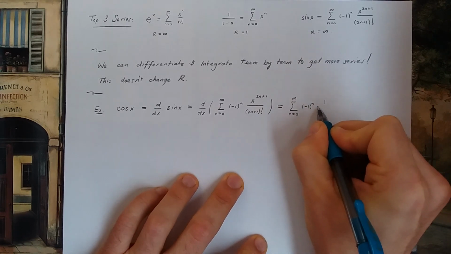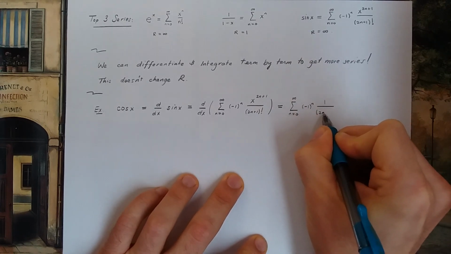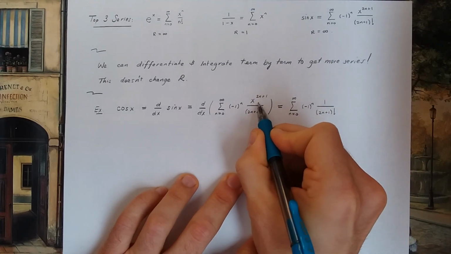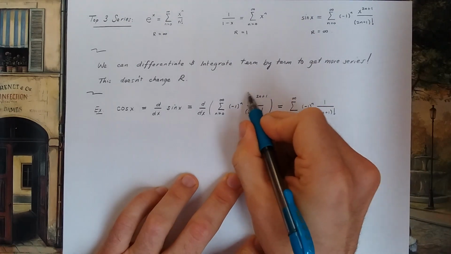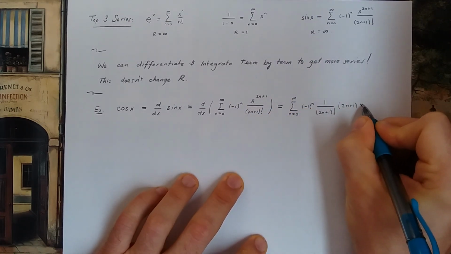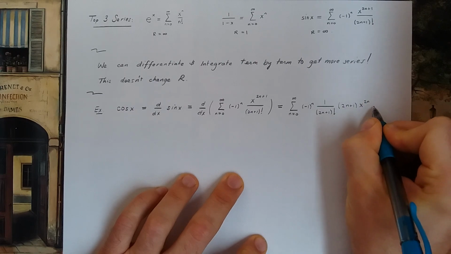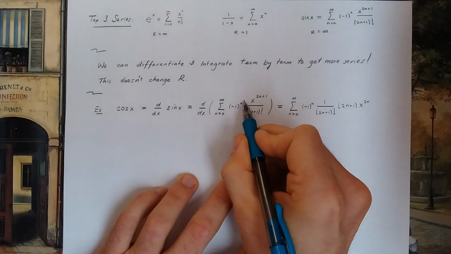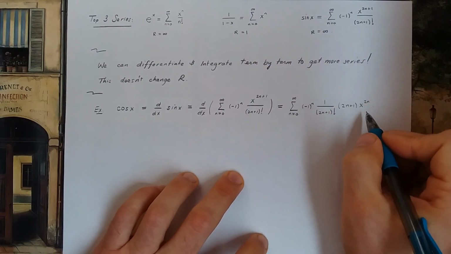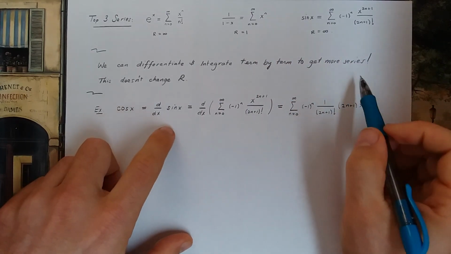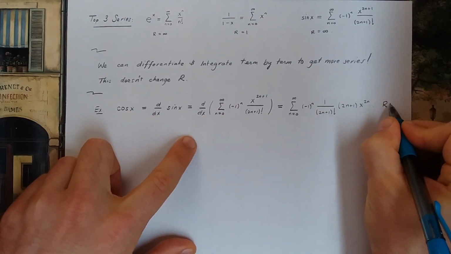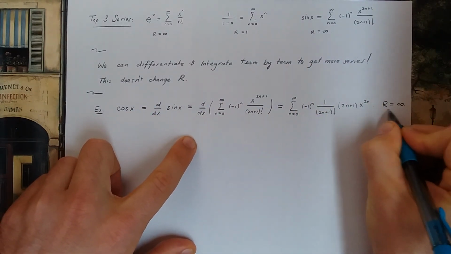I still have this 1 over 2n plus 1 factorial. But then I'm going to differentiate this x, the power rule. 2n plus 1, x to the 2n. So I bring the exponent down in front and subtract 1. There. That's the Taylor series for cosine x. And the radius of convergence doesn't change.